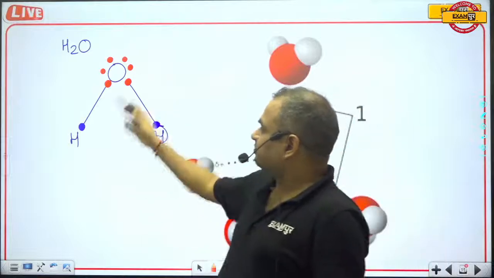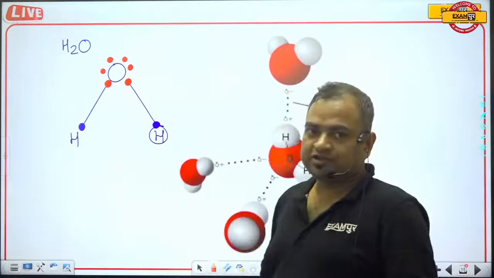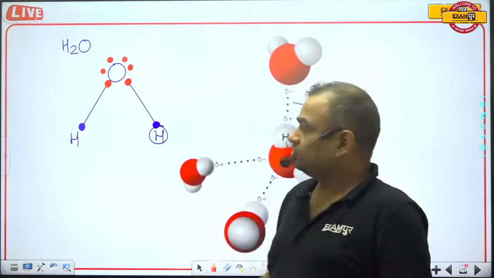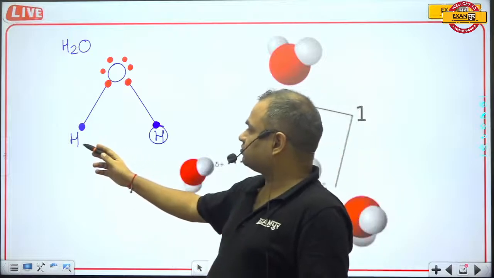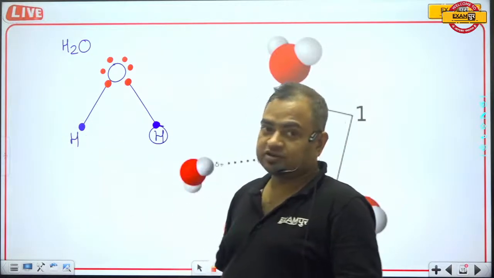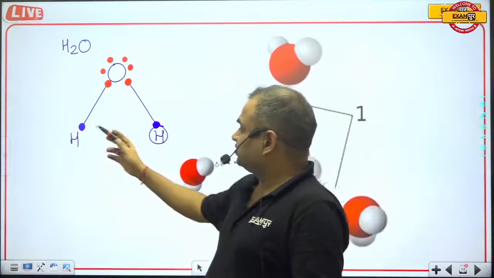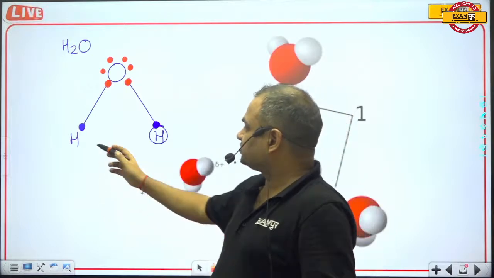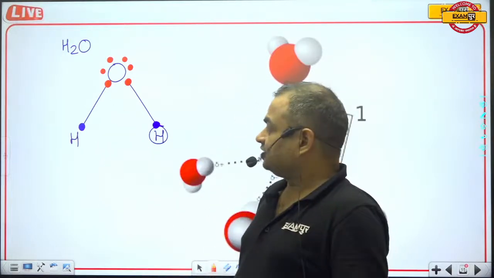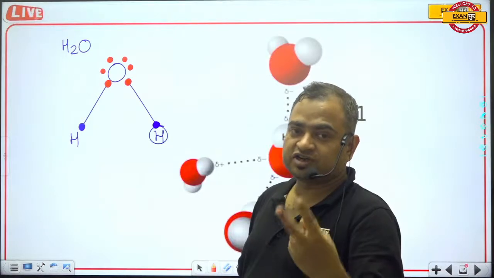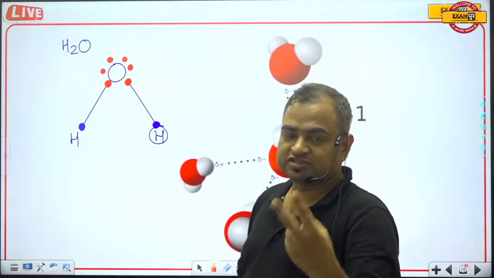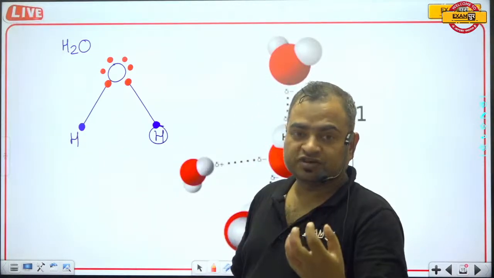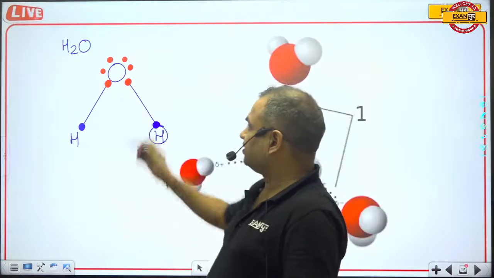Similarly, this hydrogen atom contains only one electron. If it receives one electron from another atom, then it will have two electrons, and obviously the hydrogen atom will have the stabilized configuration. That's why it combines with the oxygen.